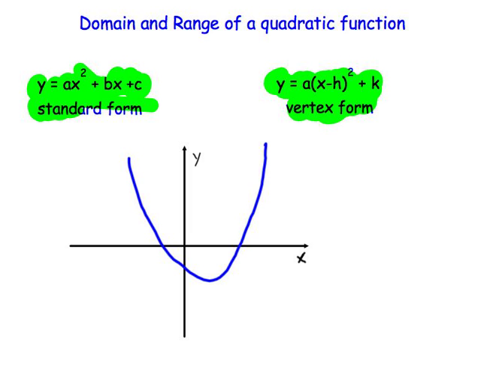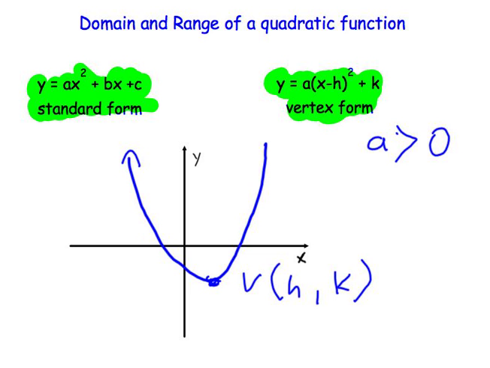When a is greater than 0, the parabola opens up, which means the vertex is at the bottom of the curve, and the coordinates will be h and k. This is the lowest value of the function. There's no greatest value.